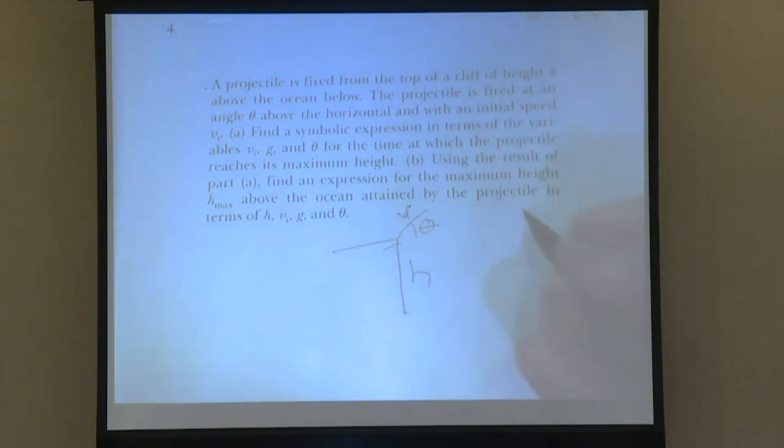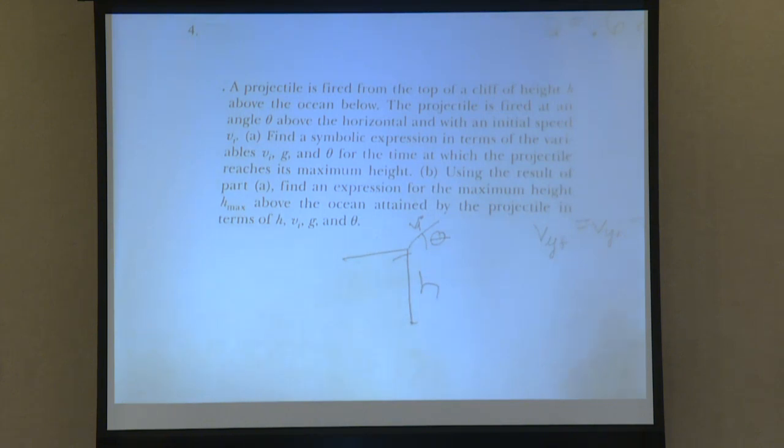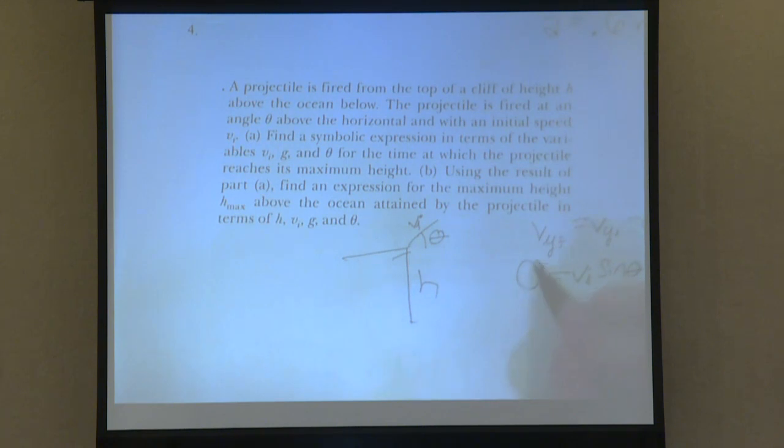The first thing you want to do is that your vyf is equal to your vyi minus gt. In this case g is your acceleration. You don't know your time yet, so what you want to do is put it in terms of time. Your vyi is going to be vi sine theta minus gt, and your final y velocity is going to be 0.